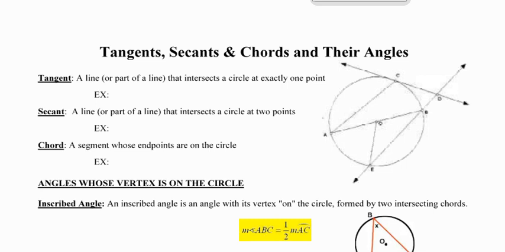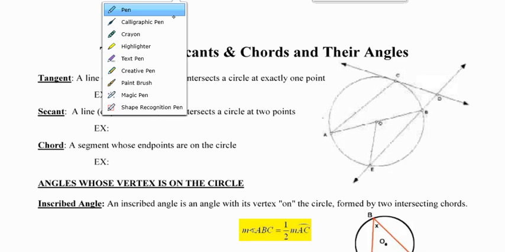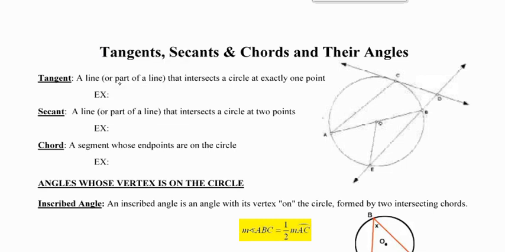So the first vocab word that you're going to need to know is the word tangent. This isn't tangent as it refers to trig, like sine, cosine, and tangent. This is a different type of tangent. When we talk about tangent with respect to a circle, we're talking about a line or part of a line that intersects the circle at exactly one point.